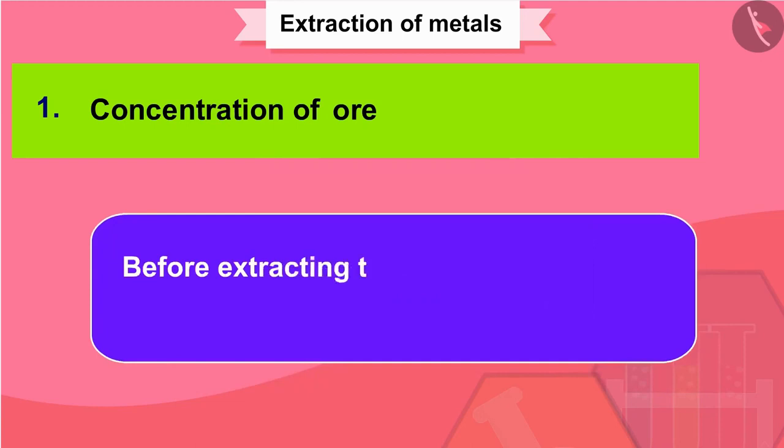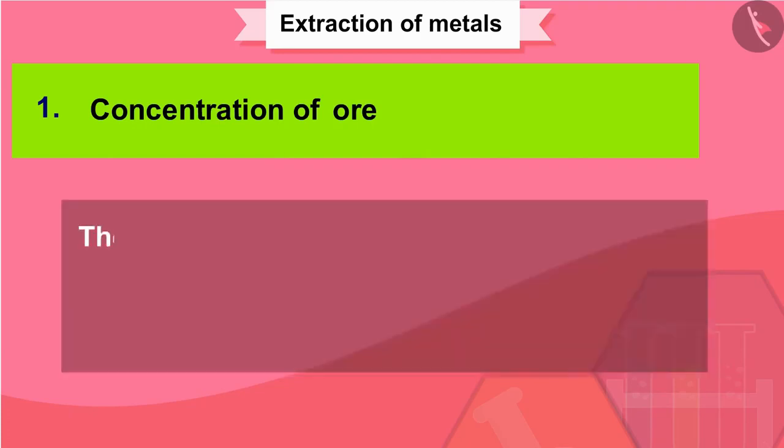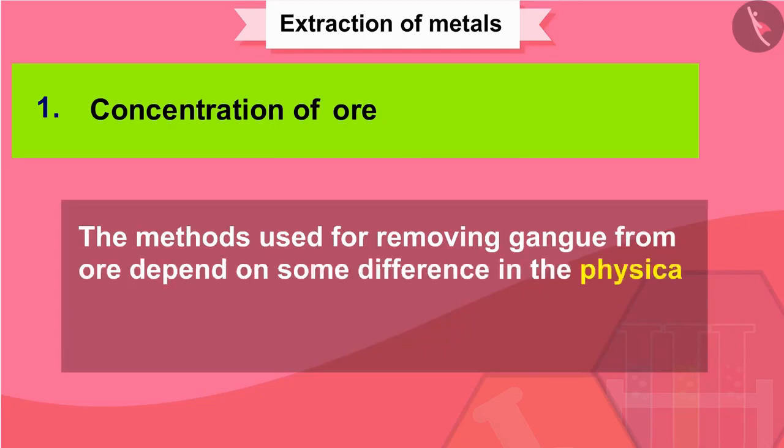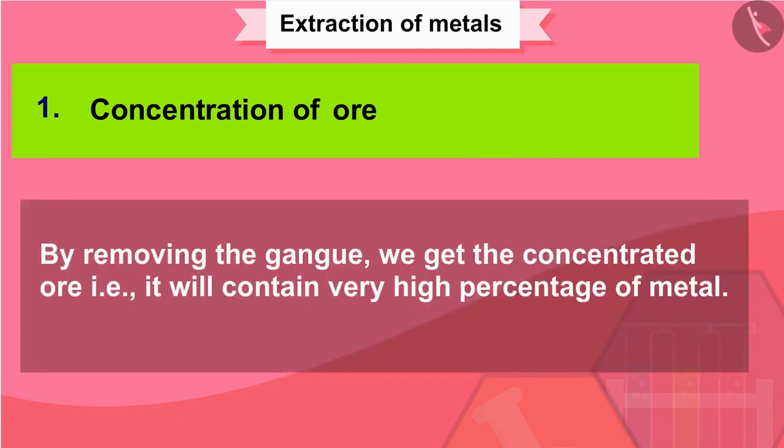Before extracting the metal from an ore, it is necessary to remove these impurities. The methods used for removing gangue from ore depend on some difference in the physical properties or chemical properties of the ore and the gangue. By removing the gangue, we get the concentrated ore. That is, it will contain very high percentage of the metal.